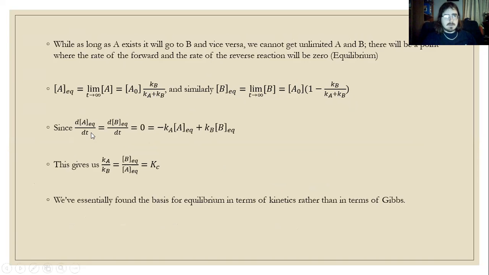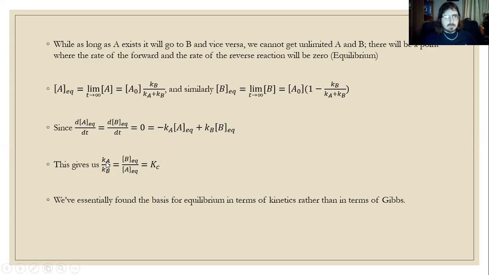Since the rate of change of these at equilibrium is 0, we can say that negative Ka A plus Kb B equals 0, and we can solve for these two to say that our equilibrium constant is the concentration of products over reactants.